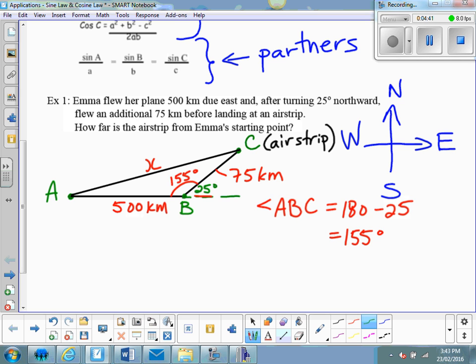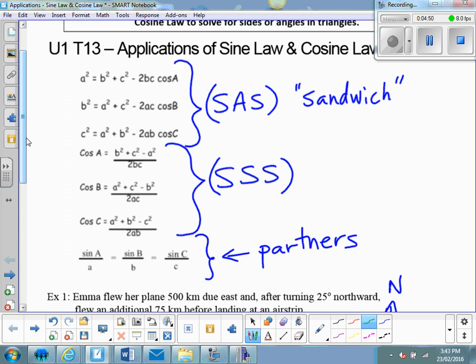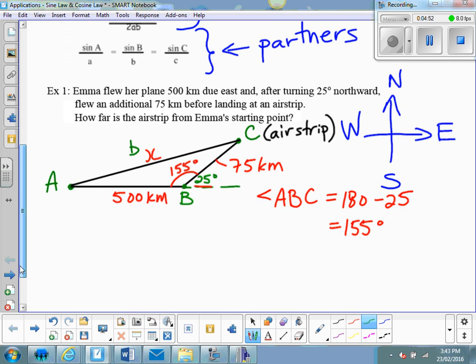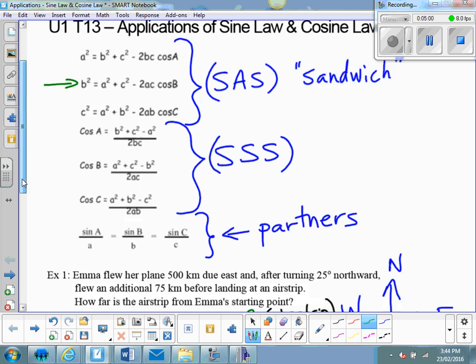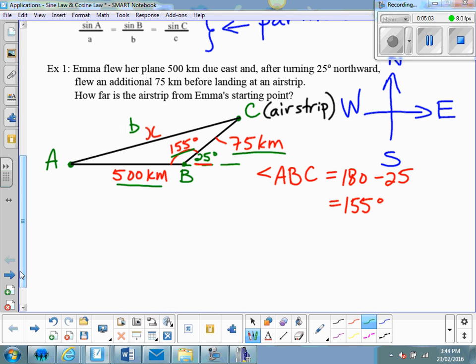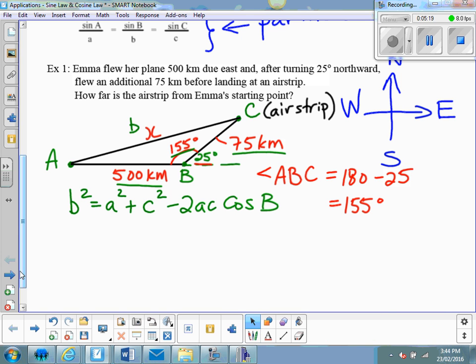So in my triangle, I'm trying to find side b. So I'm going to use my formula from up above for side angle side, because that's what I have here, I have side angle side, and I'm going to use this formula solving for b. So b squared equals a squared plus c squared minus 2ac cosine B. And now I can substitute into that.